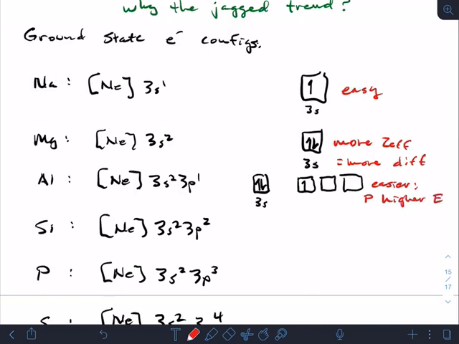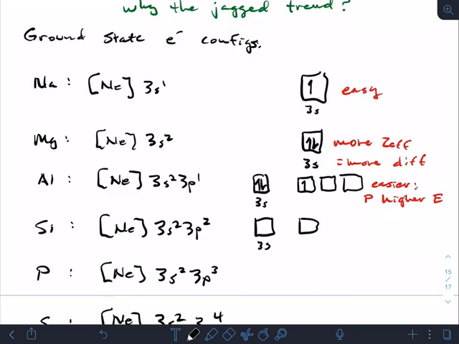The p is higher in energy. Right? So with that p orbital, there's one electron above a full 3s shell. 3s is going to be more stable because it's the full one. P now has shoved an extra electron in there, caused a little bit of extra tension. So aluminum is going to be perfectly happy to get rid of that outside electron.